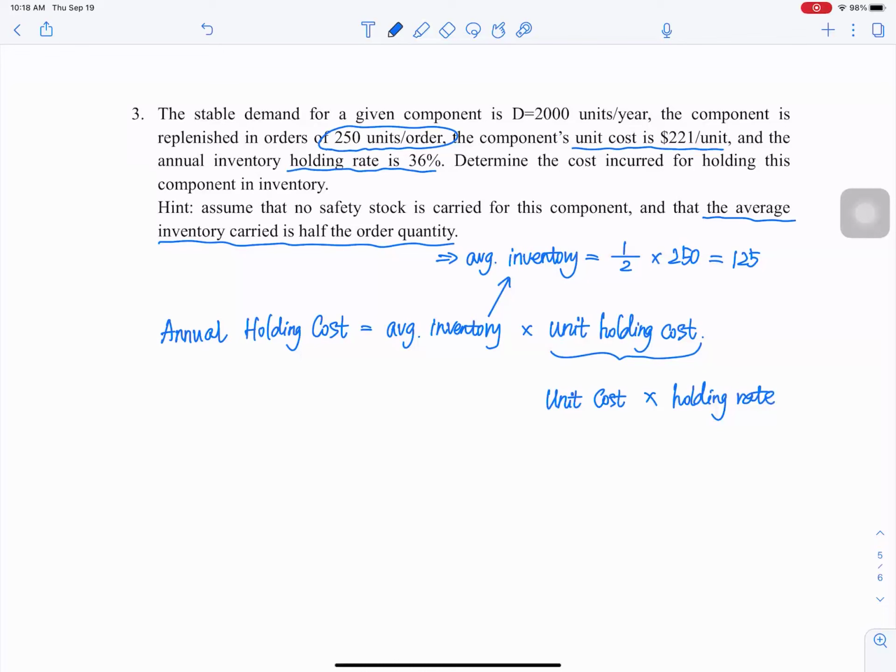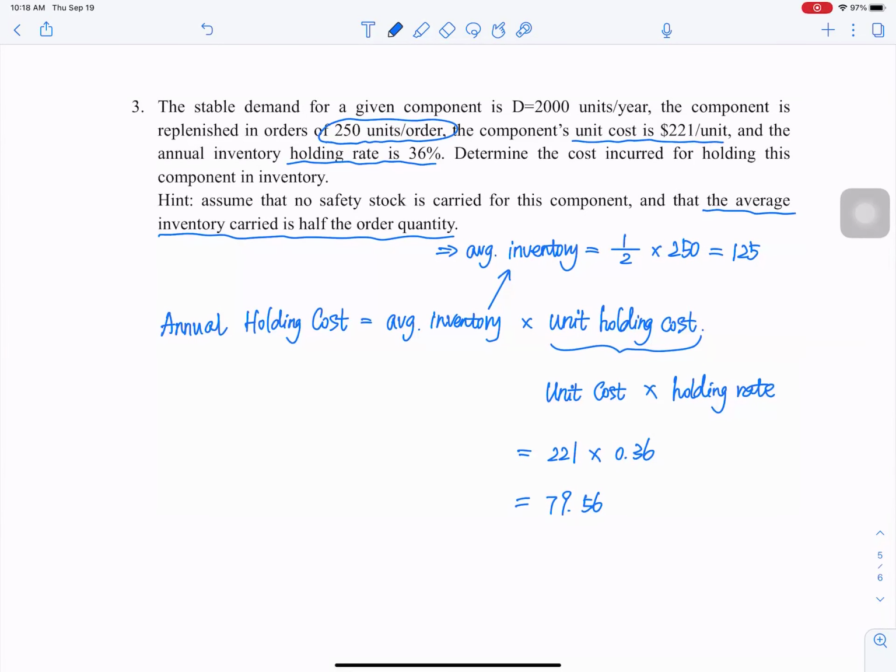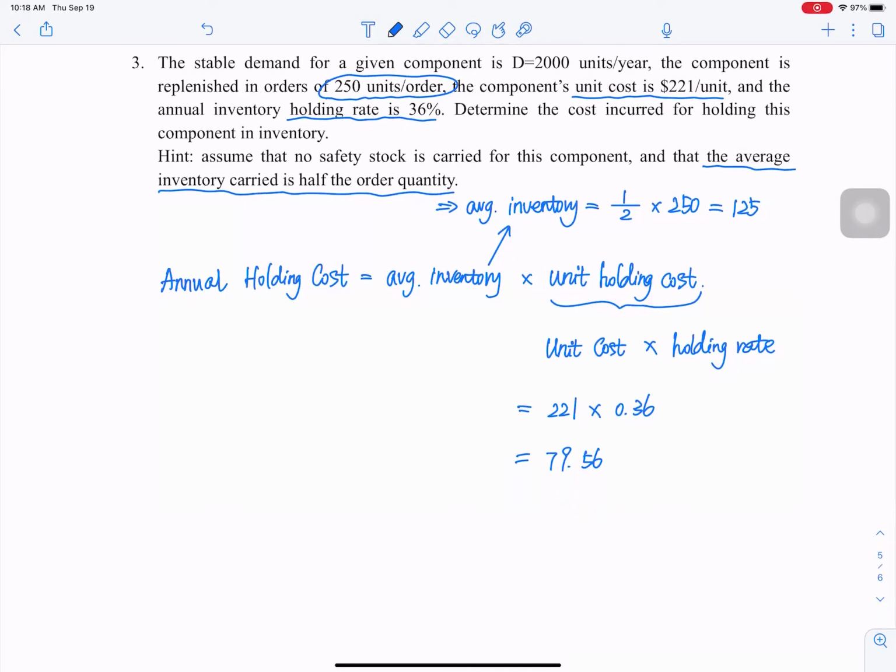So the unit holding cost should be 221 times 0.36, which equals 79.56. Then after calculating the unit holding cost, we have all the values that we need to calculate the annual holding cost. Therefore, it equals average inventory, which equals 125, times unit holding cost, which equals 79.56.